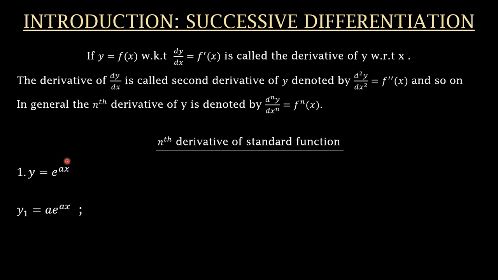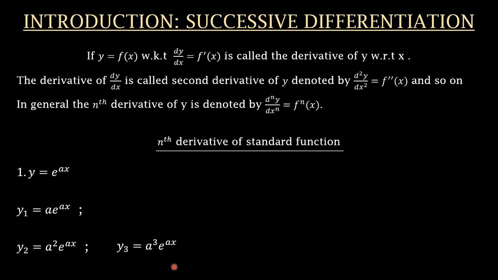Since a is constant over here, the differentiation of e to the power ax is nothing but a into e to the power ax, right? And the second order derivative is, just keep a as it is and differentiate e to the power ax. So the second order derivative will be of the form a square into e to the power ax. What is the third order derivative? The third order derivative is of the form a cube into e to the power ax.